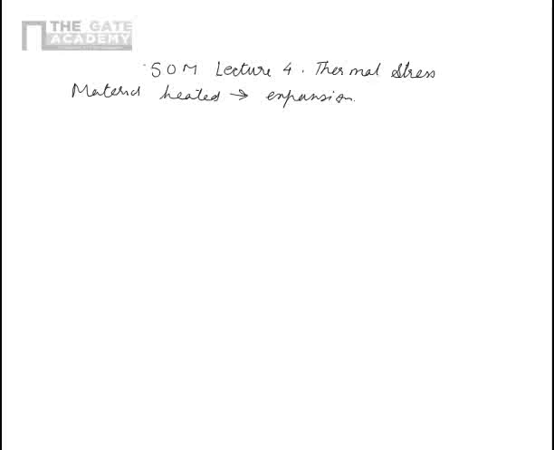Now, this chapter deals with the mechanics of thermal stress and how to quantify it. Let's take a very simple example of what is seen normally in nature. So let's take a simple bar again.